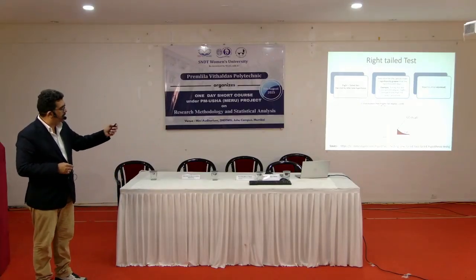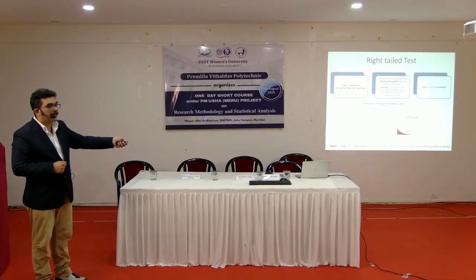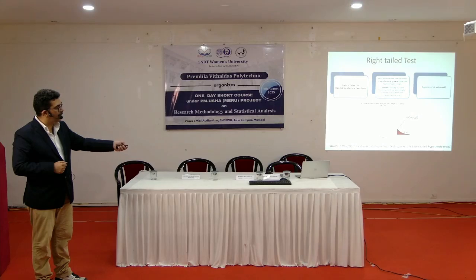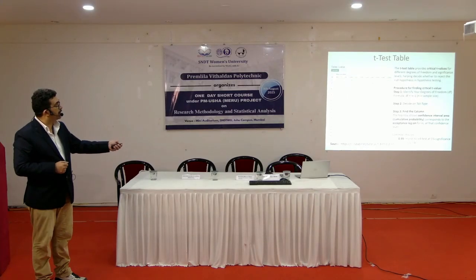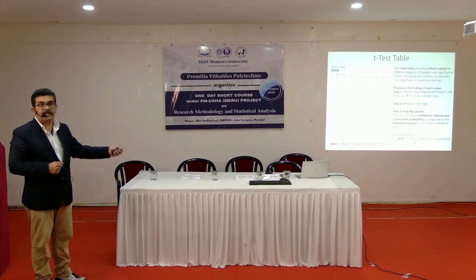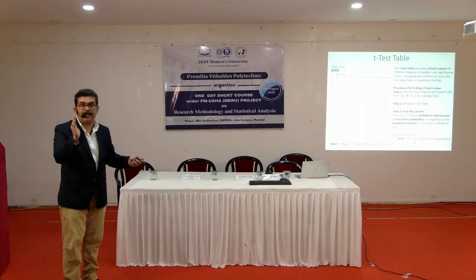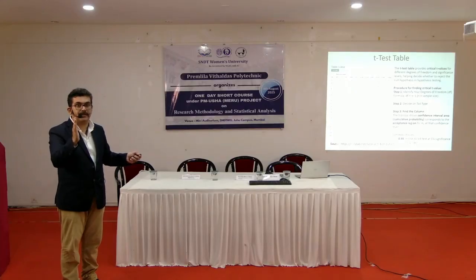Now in this test, you will find one thing, T critical. This is the critical value which we have to find out. You can find this critical value from the T table. This T table gives you the critical value which defines your rejection region.